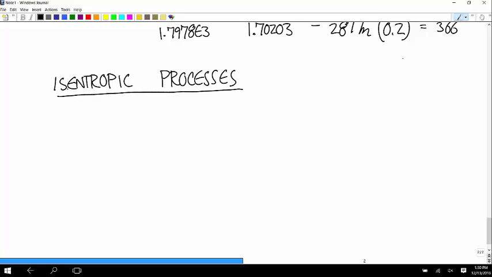An isentropic process means that entropy stays constant, and it requires first, your system has no heat transfer with the surroundings.